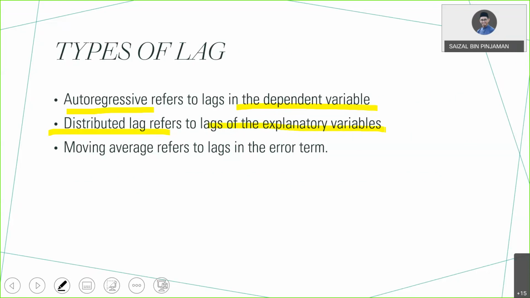And the third type of lag is called the moving average, which refers to lags in the error term. But of course, in this particular workshop, our attention will be towards the first two lags, namely the autoregressive as well as the distributed lags.